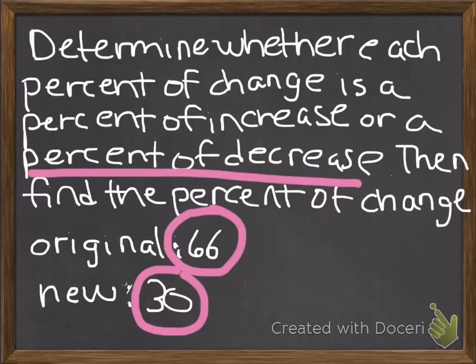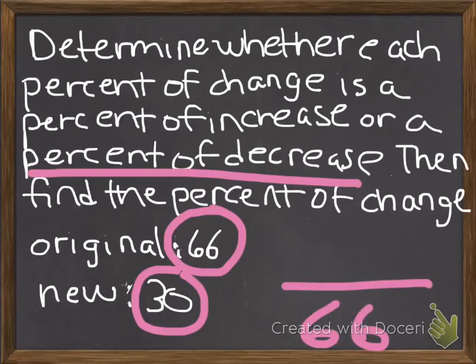Now, to find the percent of change, there's a certain ratio that you need to set up, starting with the original number. So the original number should be first, and that should be written as your denominator.